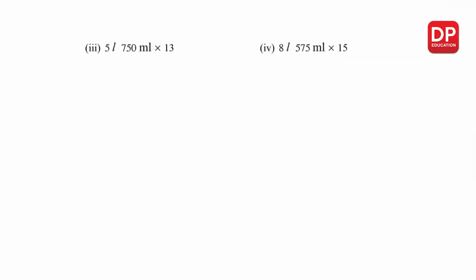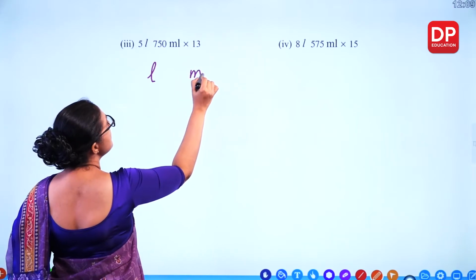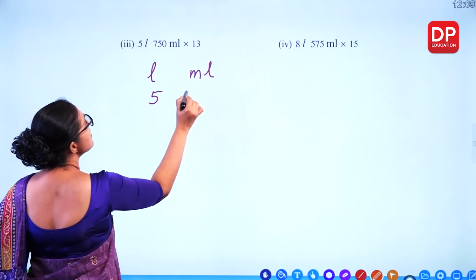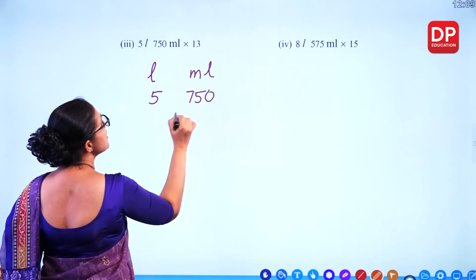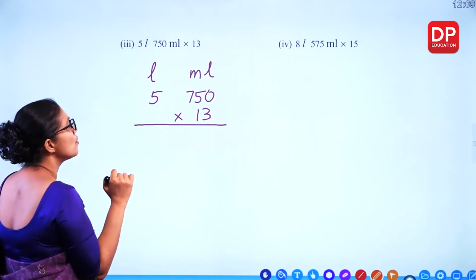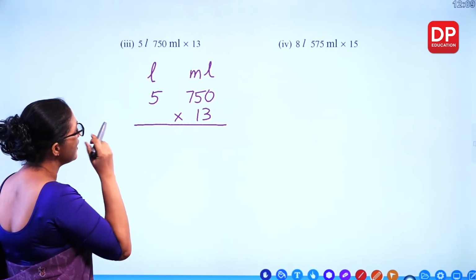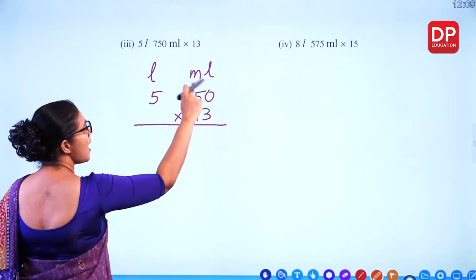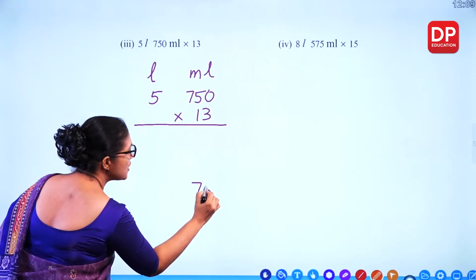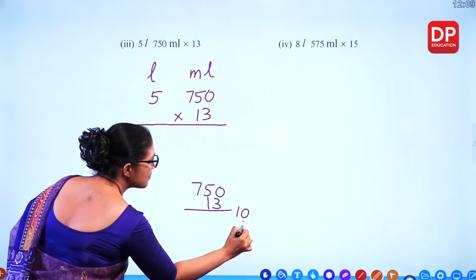This one, it's easy to write in a column. Liters, milliliters. So 5, 750 multiplied by 13. So shall we do it at once or separately? We'll multiply this at once. 750 multiplied by 13, 10 and 3.